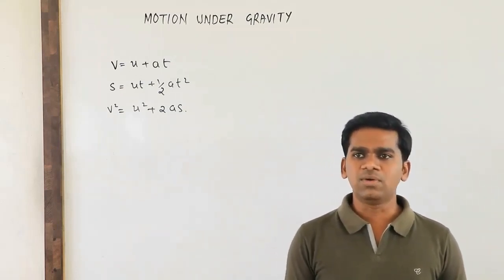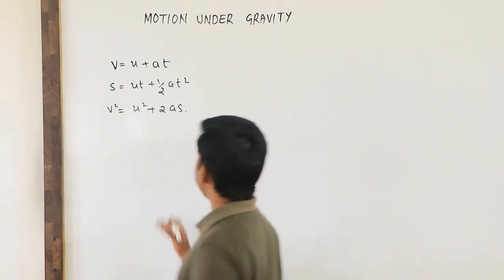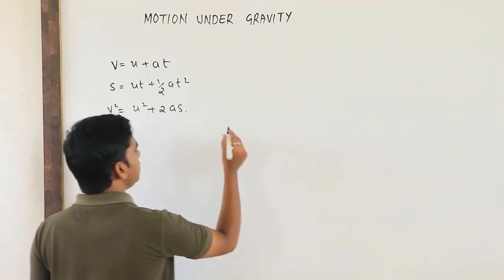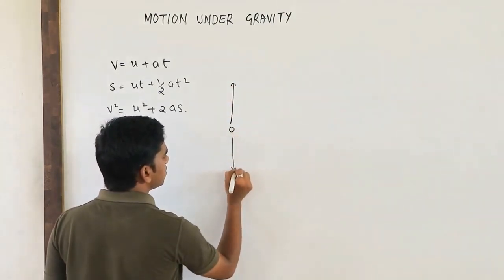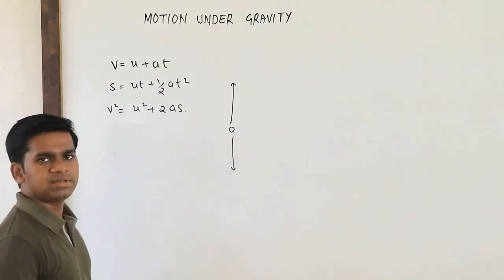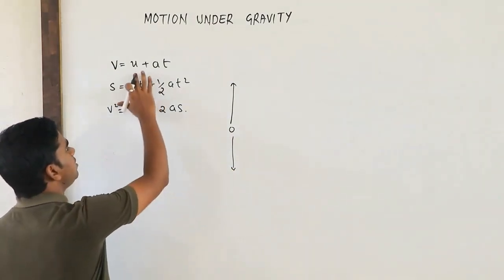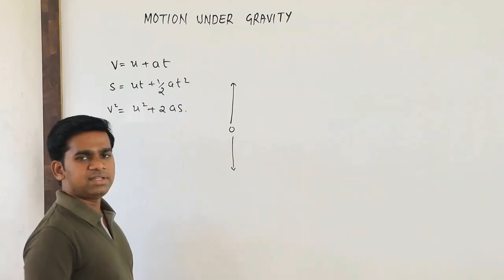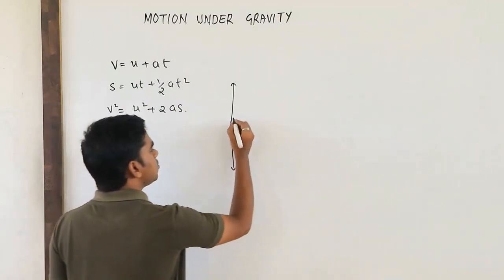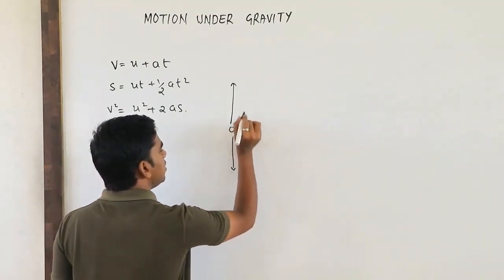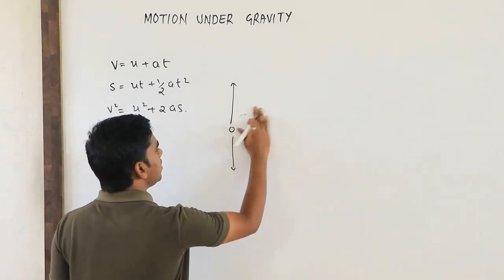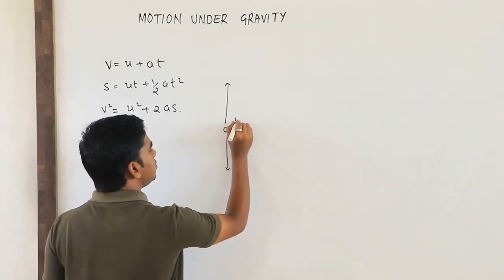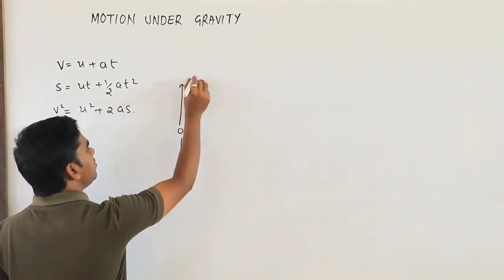Now, if the object is moving either upward or downward, what will happen? What changes in these equations? First, velocity will not change. Whatever velocity you throw with, you can take it as u only, and the final velocity you can take as v only.